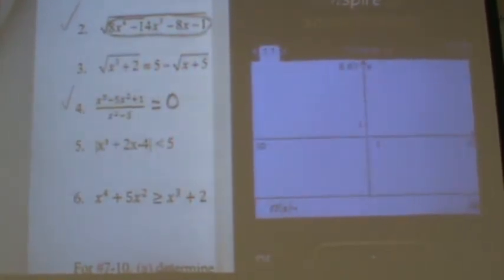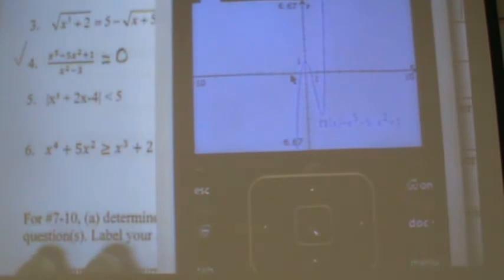Okay, so you have x to the 5th minus 5x to the 2nd plus 1. How many answers are there? 3. How are you going to find them? Menu, analyze graph, 0.